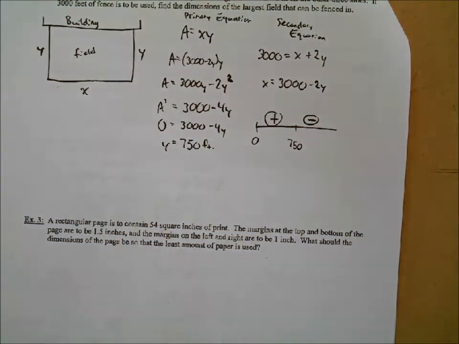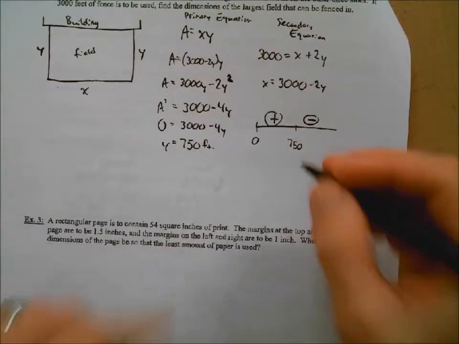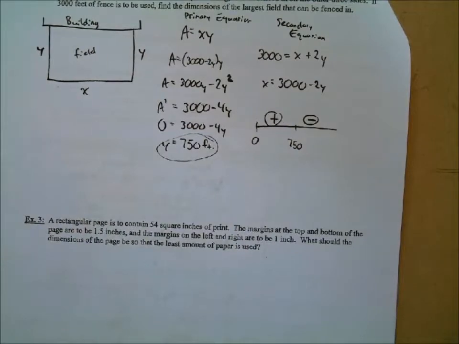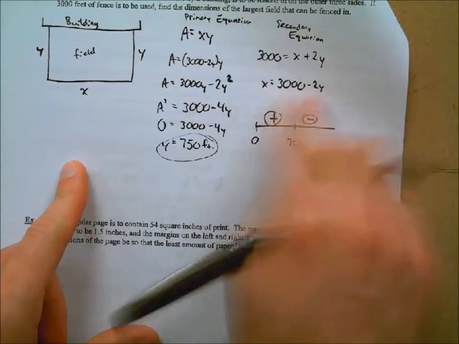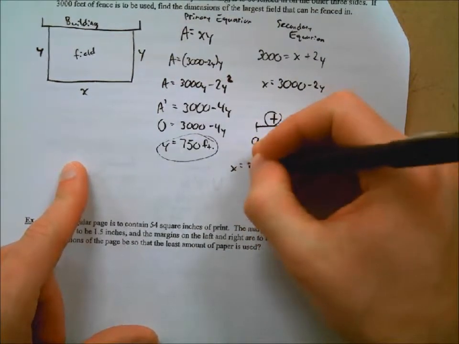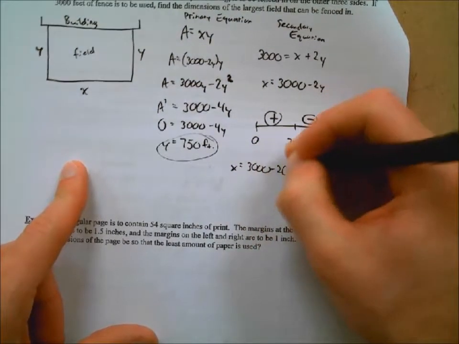So is 750 a maximum? Yes. Okay. So we want to find the dimensions, though. So 750 is one of our dimensions. And then we'll do what Sean suggested, and we'll plug it back into the one where we solve for x. So we'll say x equals 3,000 minus 2 times 750.